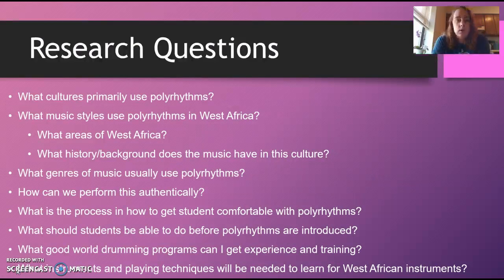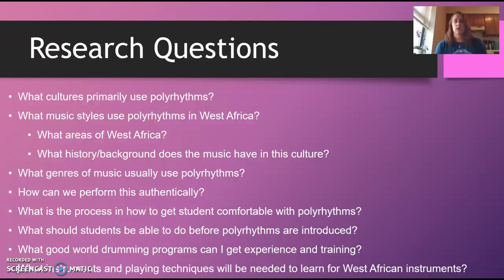So, knowing that I wanted to do polyrhythms in West African music, one of the first questions I thought of was what cultures primarily use polyrhythms. I guess this was a question before I really chose West Africa as my focus, but I was really interested to see what cultures around the world really use polyrhythms in the music that they have.